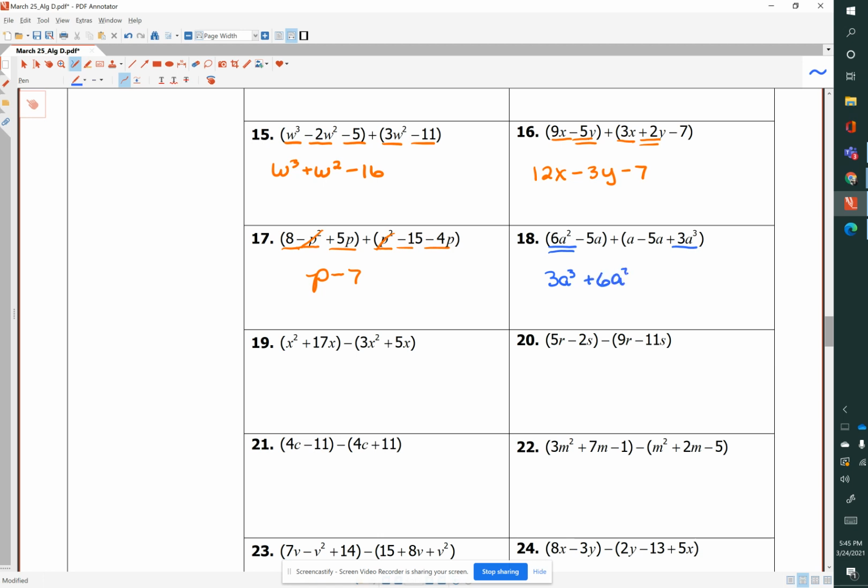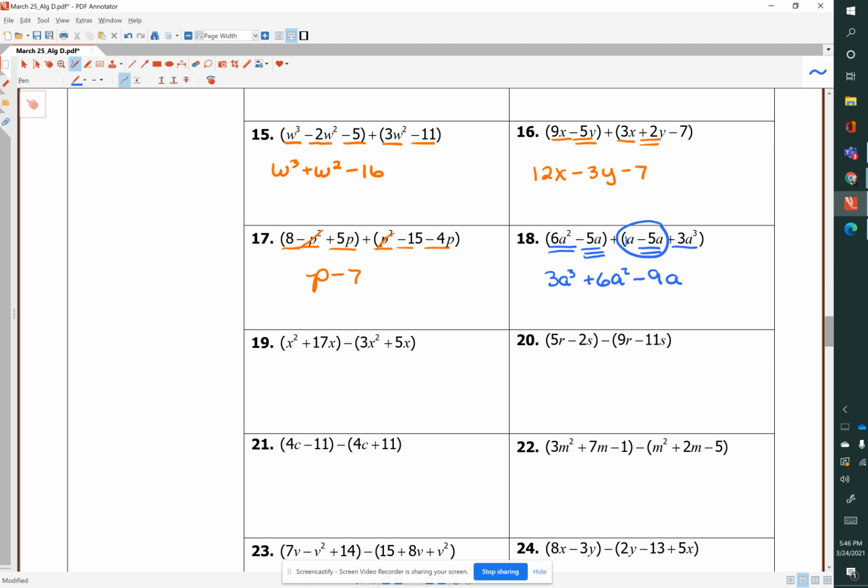Let's see, what else do we have? Negative 5 plus negative 5a. That's negative 10a. But then we also have a plus 1a. So that's going to be negative 9a. And it's unusual to have this, a minus 5a. Usually it would just say minus 4a, but that's the way they wrote it.